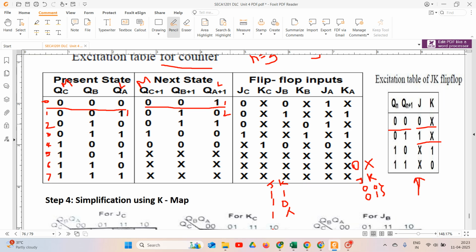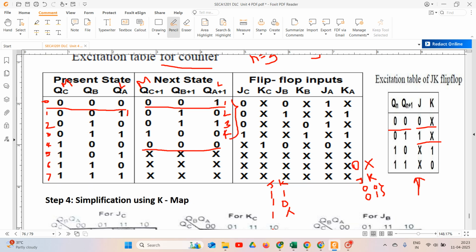Present state 2, next state 3. Present state 3, next state 4. Present state 4, next state 0, because it counts from 0 to 4.